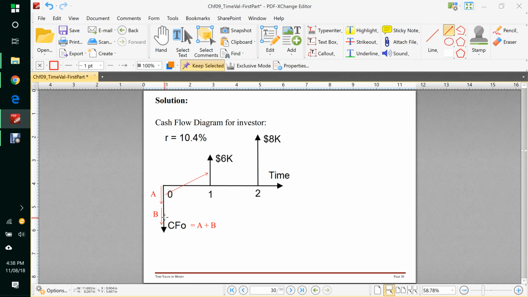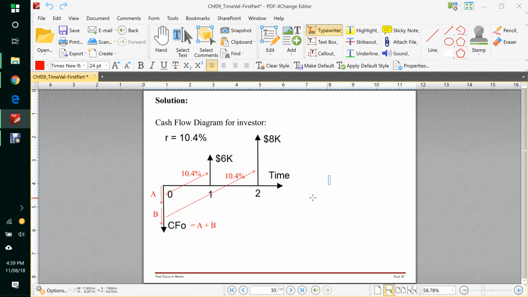And we have another amount of money we put in at the same time that's going to grow for 2 years to $8,000. And each one of those is growing at 10.4%. Okay, so now I think we can solve this.